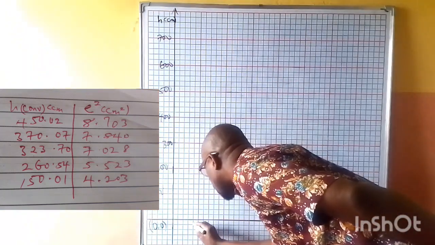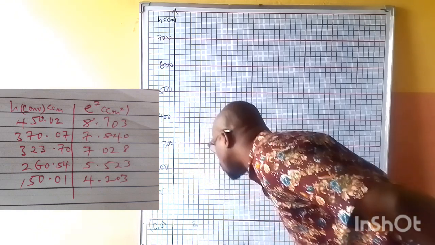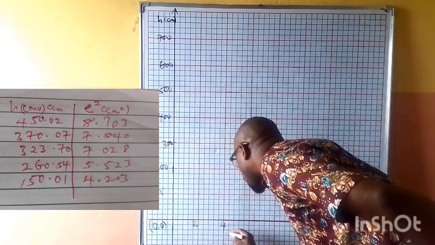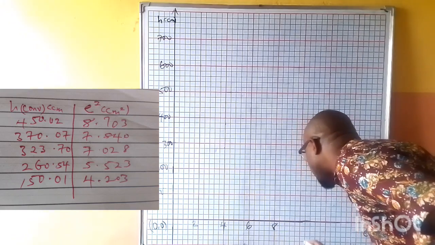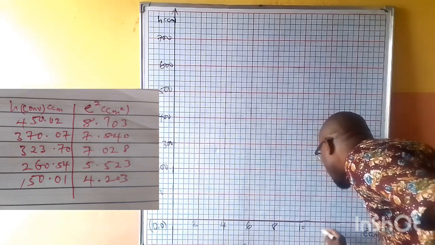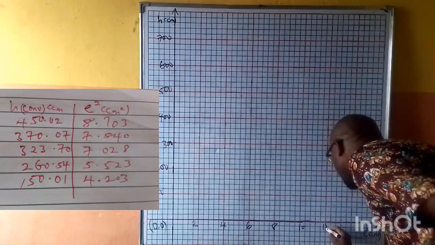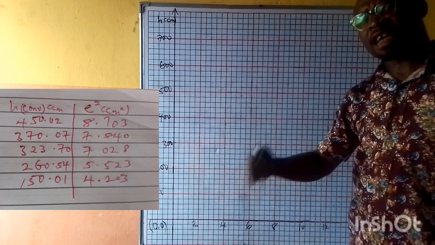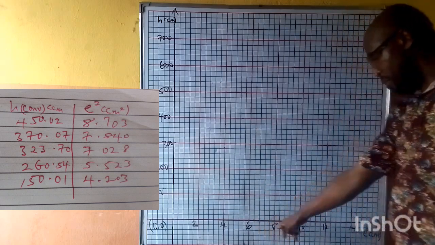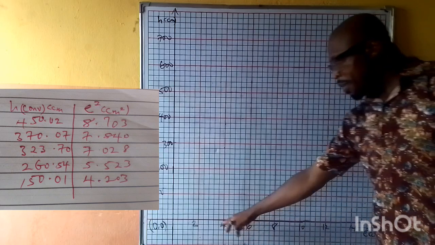So, if this place represents 2, we can have 4 here, 6 here, 8 here, 10 here, 12 here, 14 here. Please, where your highest value ends, don't just stop there. Ensure you label to the end.